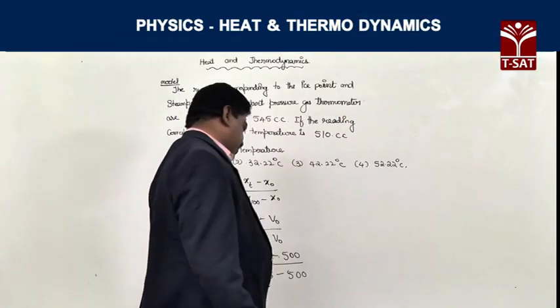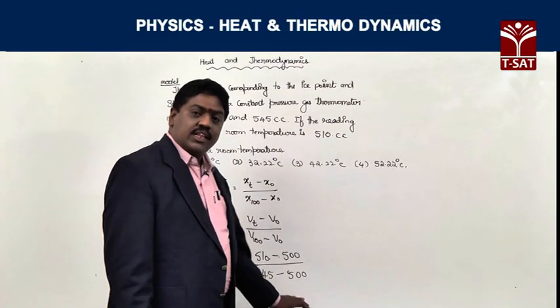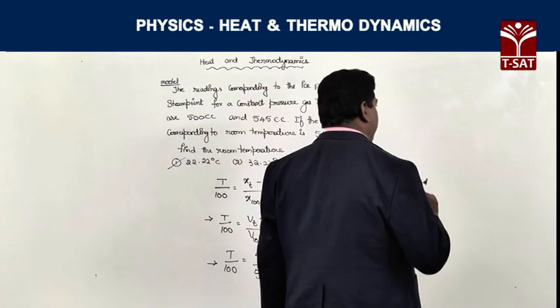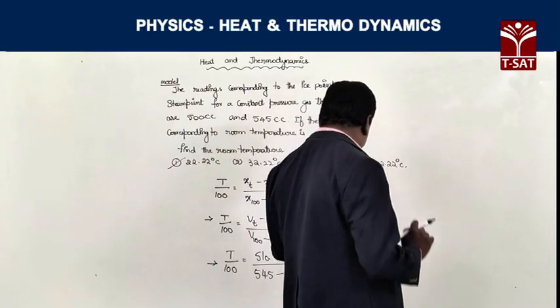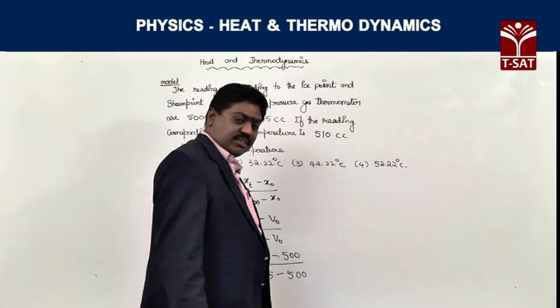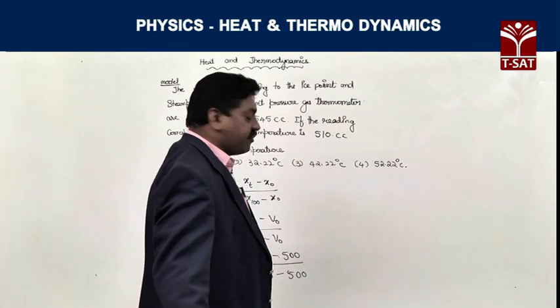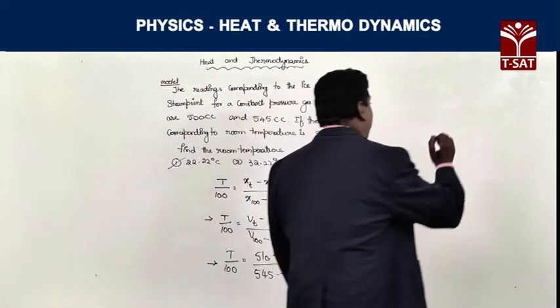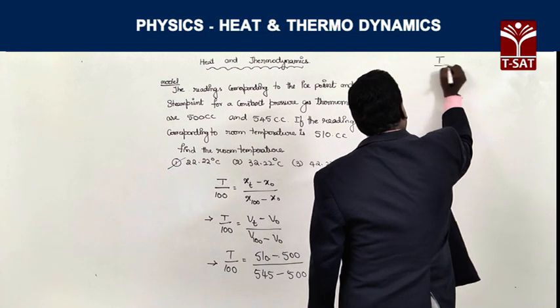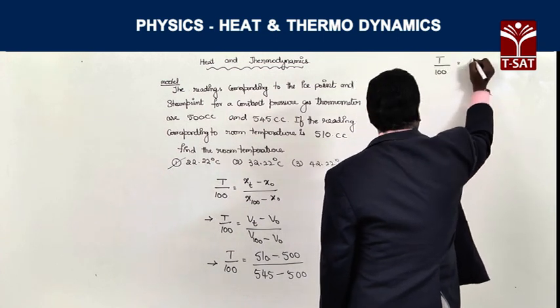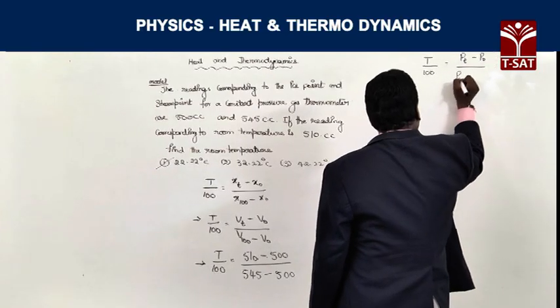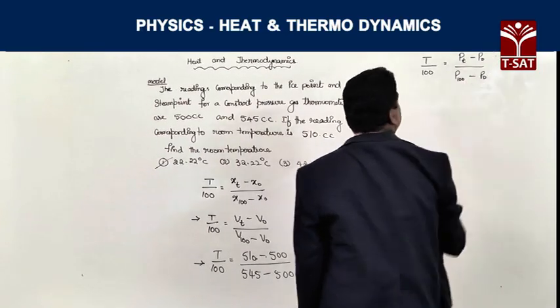In the previous case, we considered volume as the physical property. In the same manner, we can take the physical property as resistance, pressure and other things. In that manner, we have the equations T by 100 equals Pt minus P naught by P100 minus P naught.